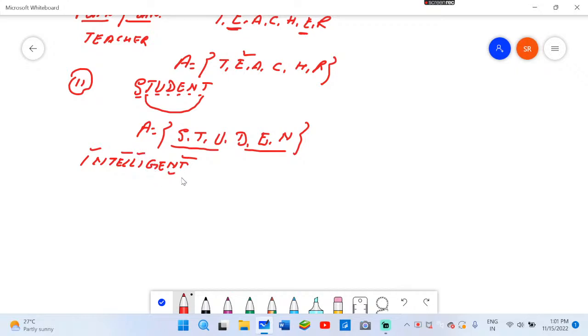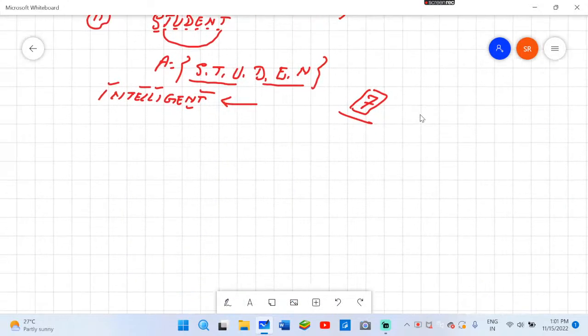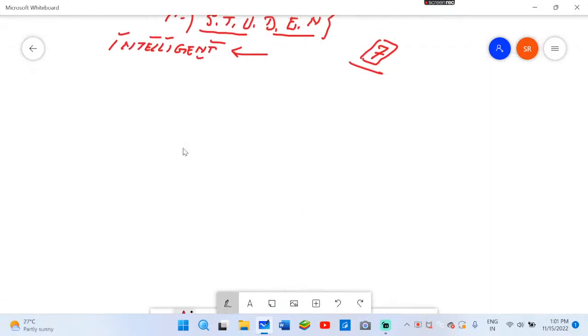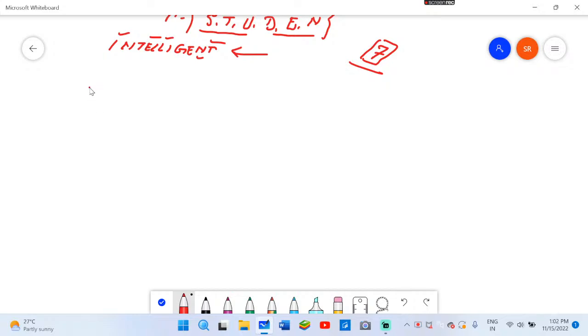N is also repeated. So I leave it as homework for you to write it in the tabular form. The set, once you write, will contain only 7 elements. I expect you to write it yourself.